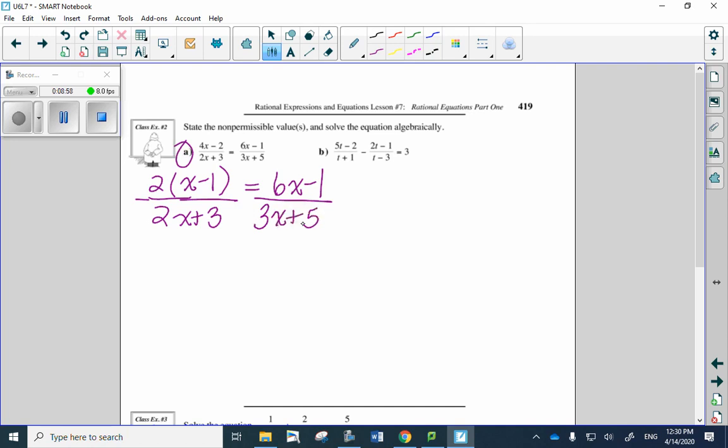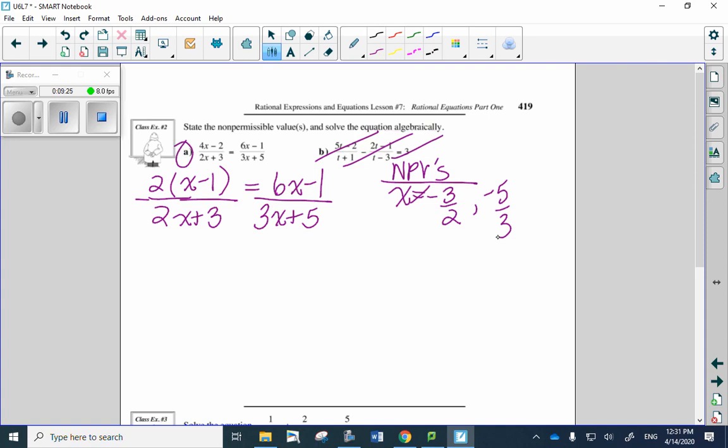We're not going to do b, so you can cross that out and use the whole space to do your solution. Now that I've factored, I have to make sure that I state my non-permissible values. So state my NPVs. I know x cannot be equal to negative 3 over 2, and x cannot be equal to negative 5 over 3. Again, we're going to double check our answer with our restrictions at the end.